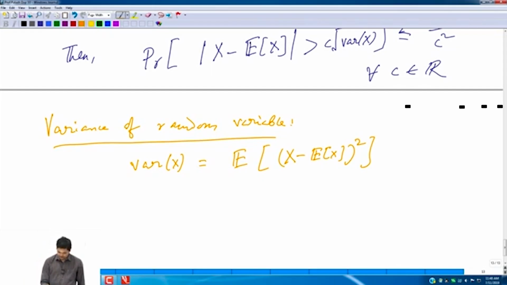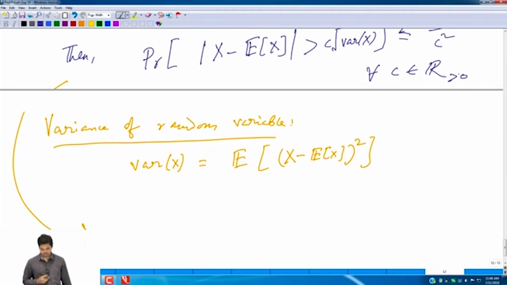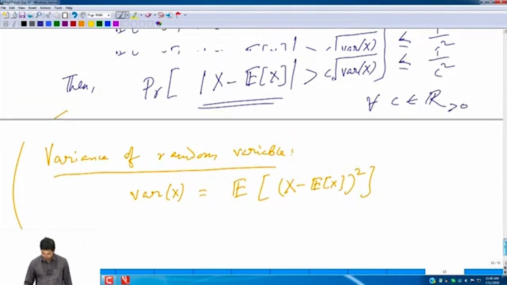Okay, now let's prove it. C is positive, sorry. C is positive, because the left hand side is positive, and if the right hand side is negative, then it has to be probability 1. Yes, so C is positive, that's true.